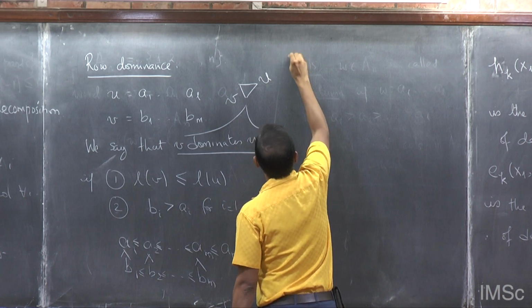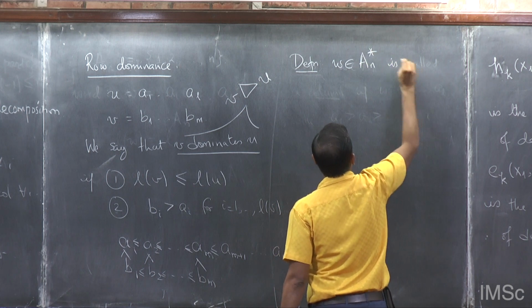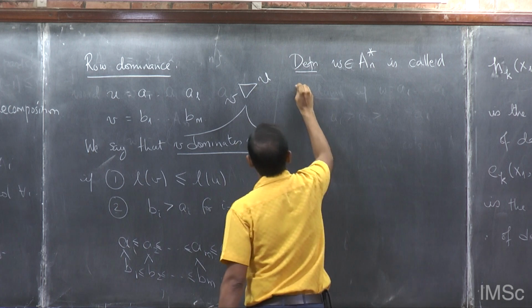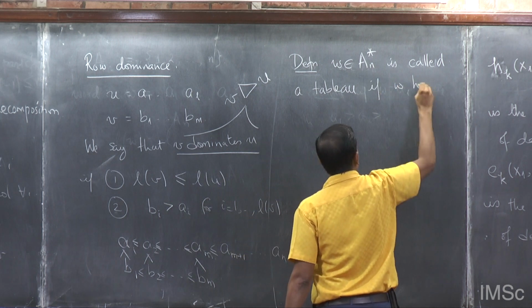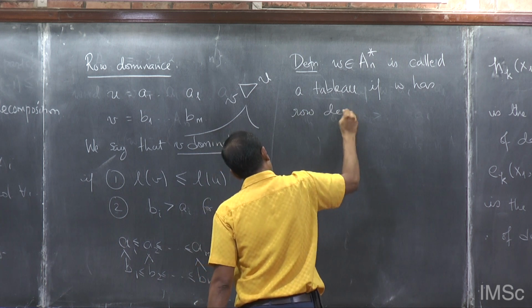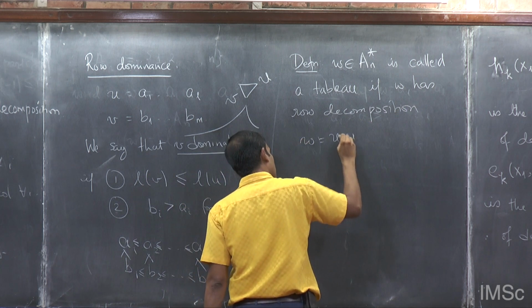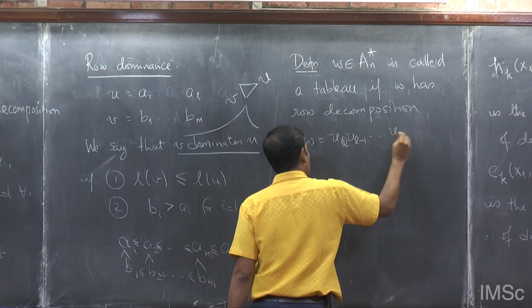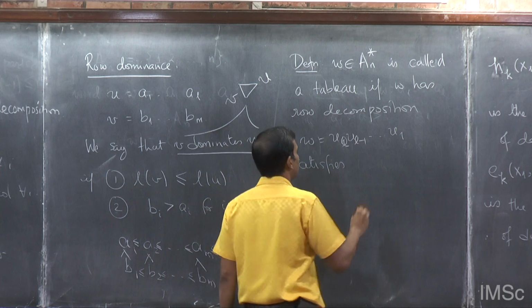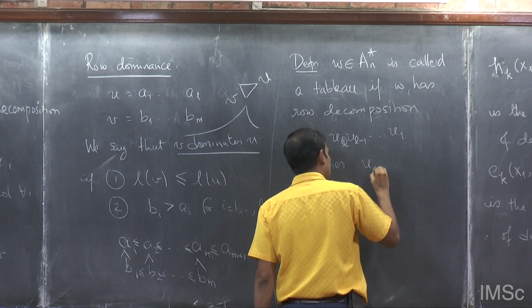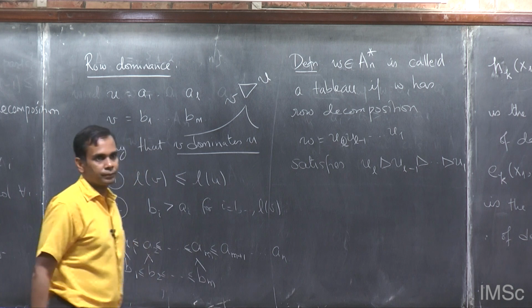Now we can define a tableau. A word is a tableau if its row decomposition has the property that UL, ..., U1 satisfies UL dominates UL minus 1 dominates and so on.